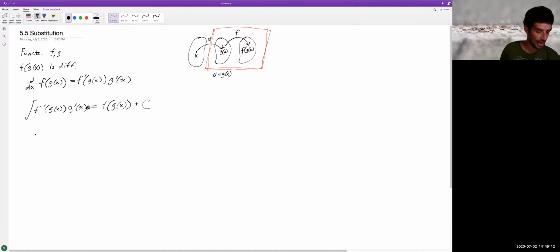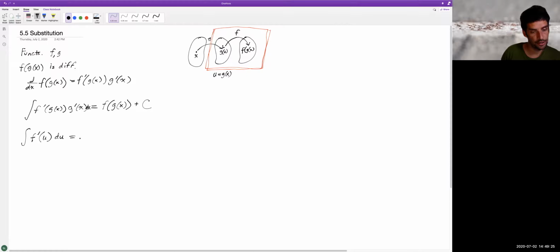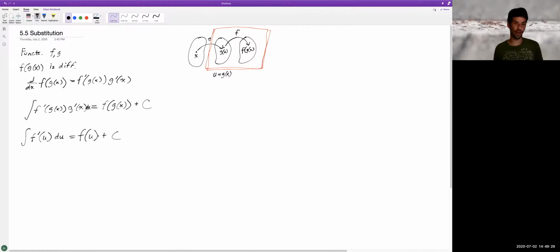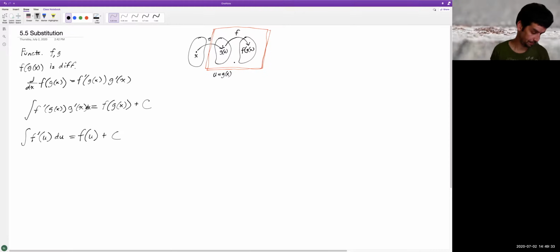So for them, f is just a function of this one variable. And so in a similar way, f prime of u du is just going to be f of u plus c, right, for the person who only cares about this piece of this diagram, okay?